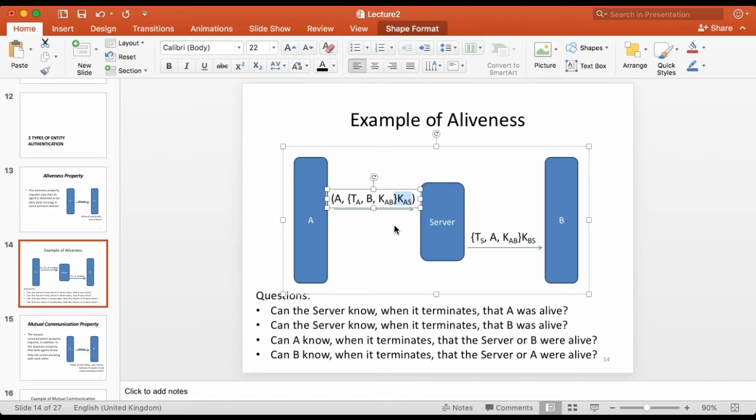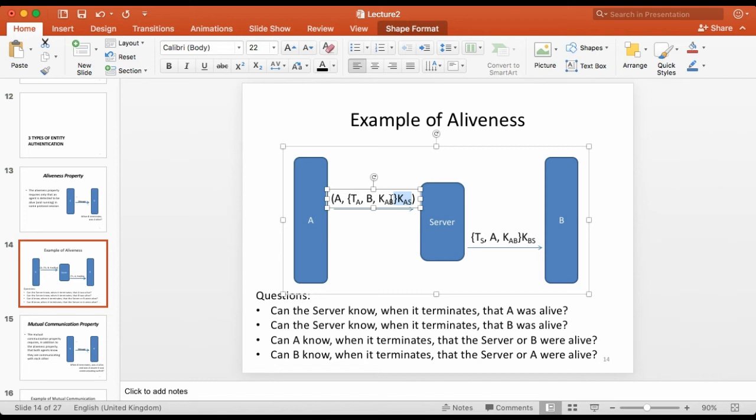So in this case, the server was able to prove that the message came from A, not because A stated that the message is coming from A, so that's not the reason. The reason is because the server, when it used the key that it shares with A, that key was successful in decrypting the message that A sent it.